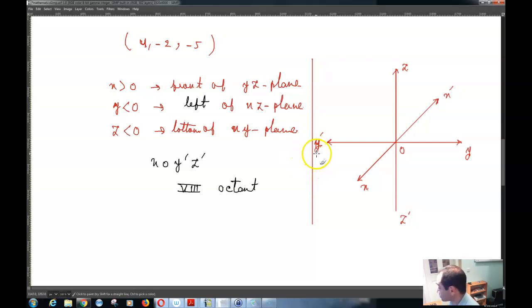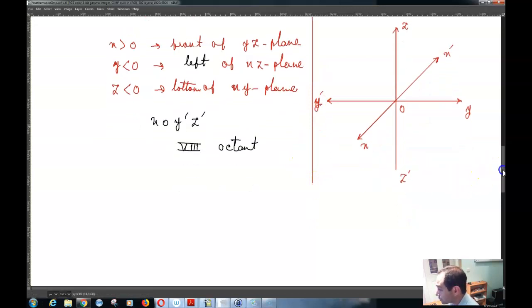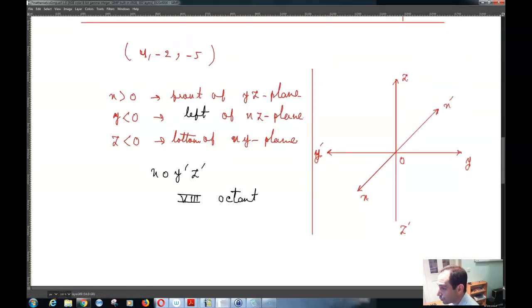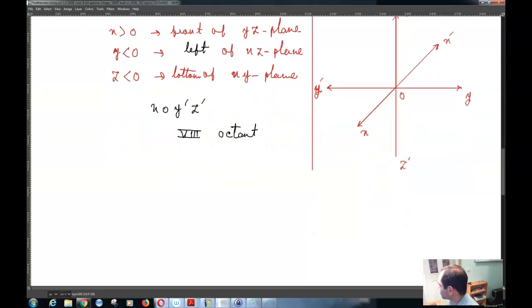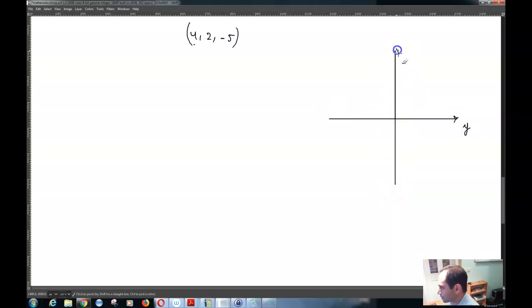So that is that. So the next point that we have is 4, 2, -5. So this is the y-axis, this is the z-axis, and this is the x-axis. So now your x is positive.